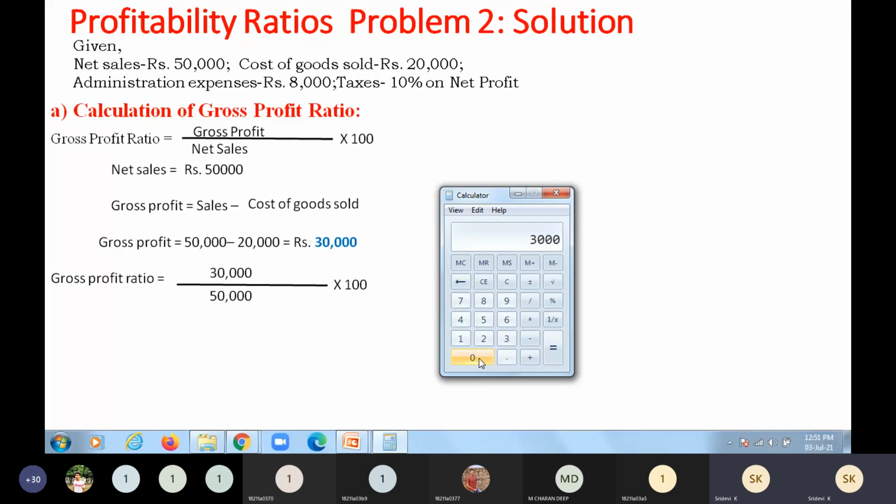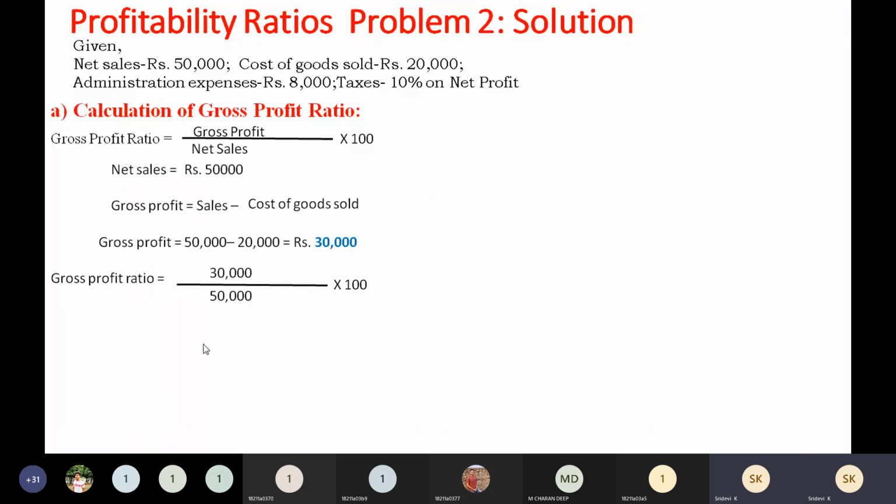You can directly take 3 by 5 instead of pressing all these values, because four zeros are there, so you strike them off. 0.6 into 100 gives you 60%. That is what you show here, 60%. In the same manner you calculate the net profit ratio also.